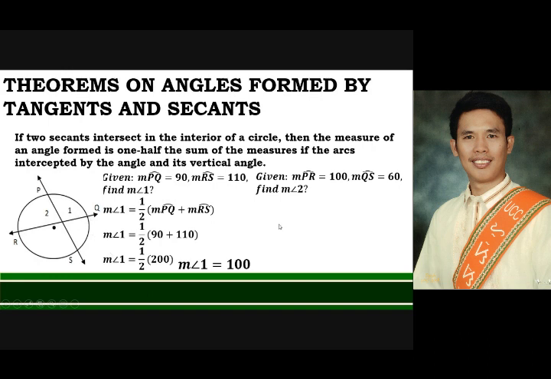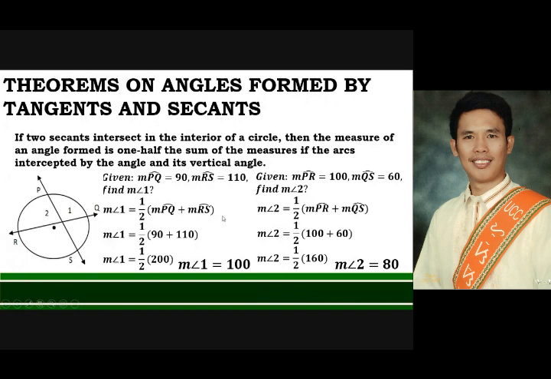So, kunin natin yung sum ng dalawang arc, PR plus QS, then multiplied by 1/2. From the given, PR is 100 and QS is 60. We're going to add these two. We have 160 multiplied by 1/2. Therefore, the measure of angle 2 is 80.